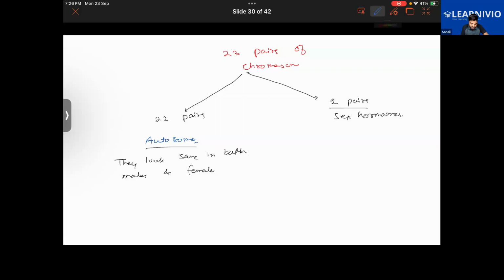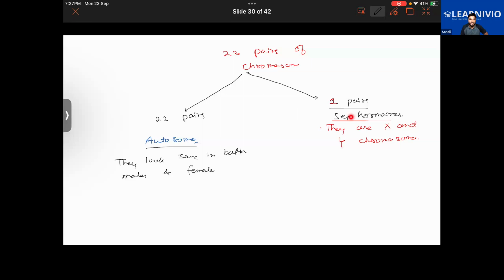Okay, now. So one pair of chromosomes, they are the X and Y chromosomes. As we know, every cell in the body will contain 23 pairs of chromosomes.